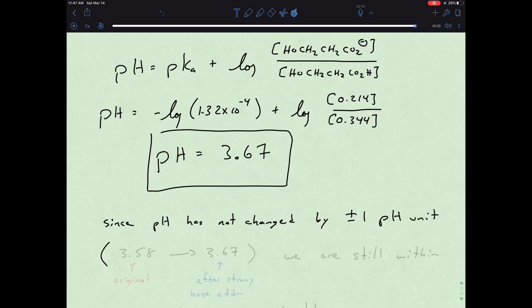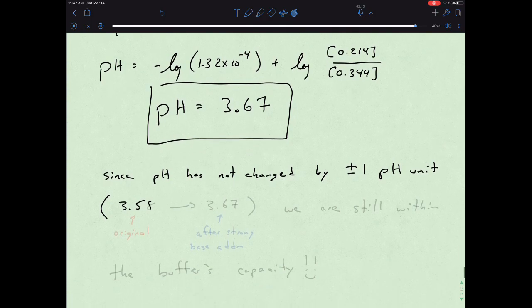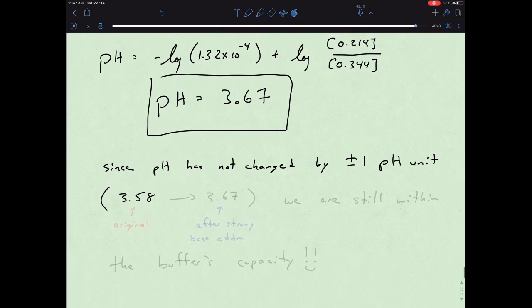Remember, we started at a pH of 3.58 that was original, and now we're at 3.67 after strong base addition.